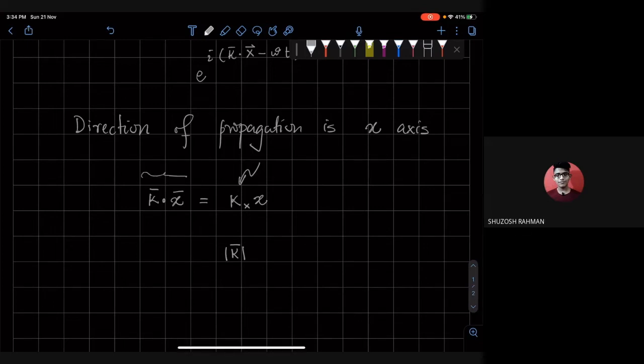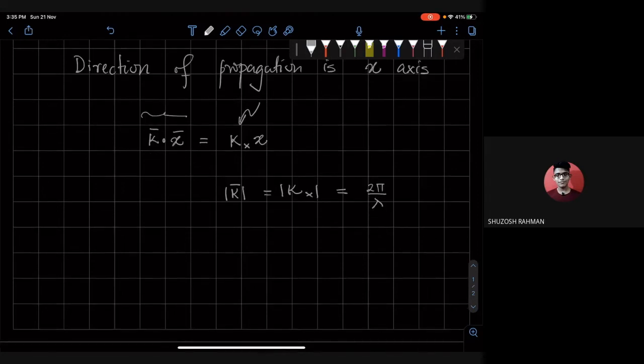So the modulus of k is given by the modulus of kx. And because it has no other component, its wavelength is 2 pi by lambda, right? So lambda is the wavelength of the wave vector. So once we know what kx is in this reference frame, k is given by 2 pi by lambda, and then the y and z components are 0, right? Do you follow so far?